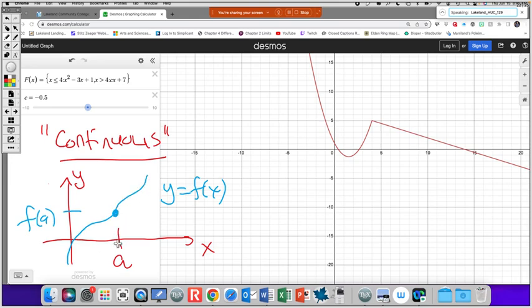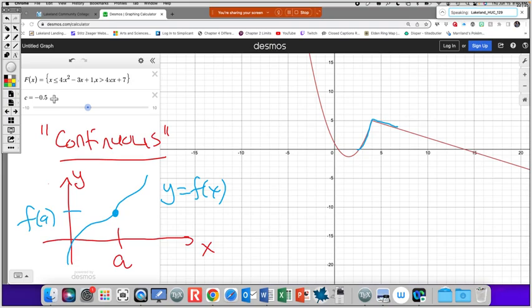Sometimes they describe continuous functions as functions that you can graph without having to lift up your pencil. You follow? The limit exists, and it's the actual function value. And so you just move right on through it. There's no jumps, there's no asymptotes, there's no holes in the graph. It's a smooth ride through. So that's what we're trying to figure out, what that value of c is.